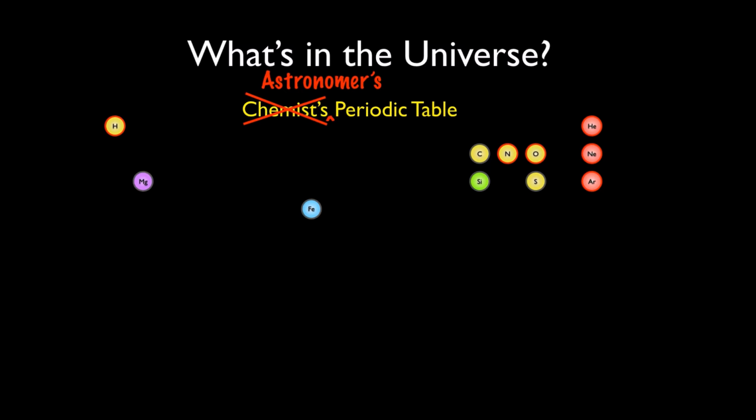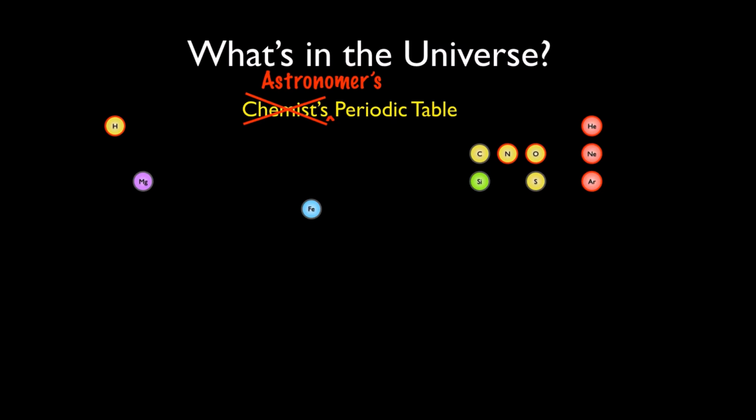Well, that's a lot simpler one. I wish I had that one in high school. It gets even simpler. This is what astronomers see when they observe the universe. We know there are more elements out there, but these are the elements that exist in a high enough abundance that they show up easily through the instruments that we use to measure. The other ones are just too minuscule to detect in large quantities.